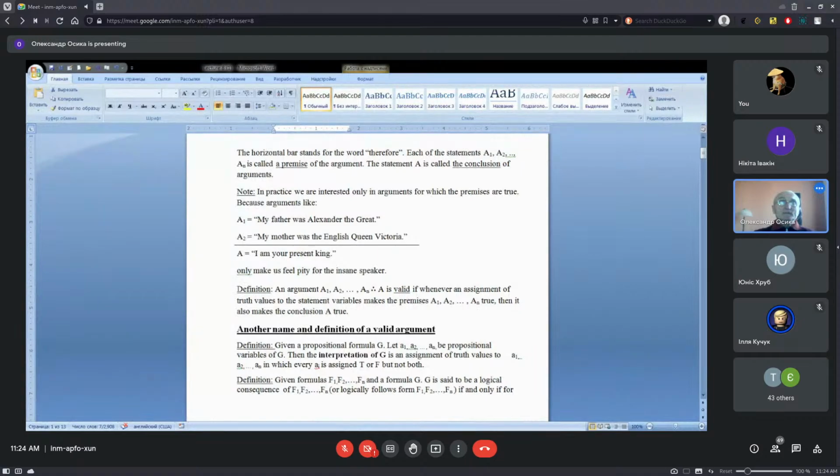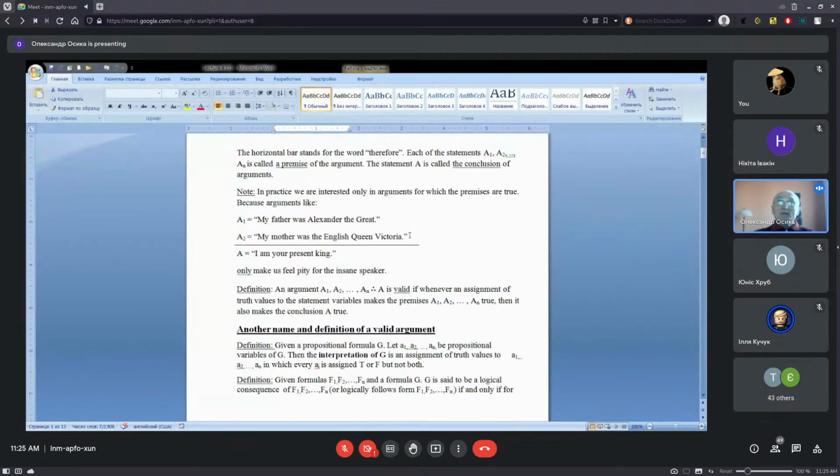Definition. An argument A sub 1, A sub 2, A sub n, therefore A, is valid if whenever an assignment of truth values to the statement variables makes the premises A sub 1, A sub 2, A sub n true, then typically we have a formula with statement variables.